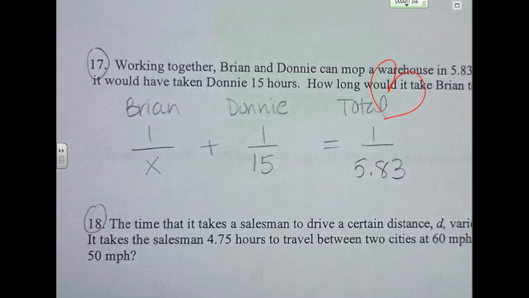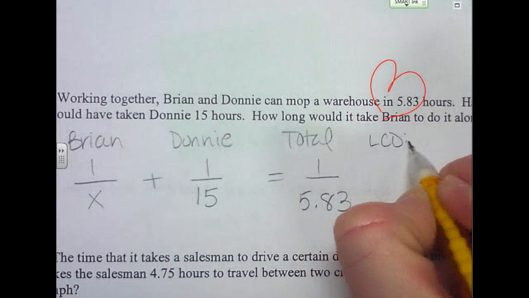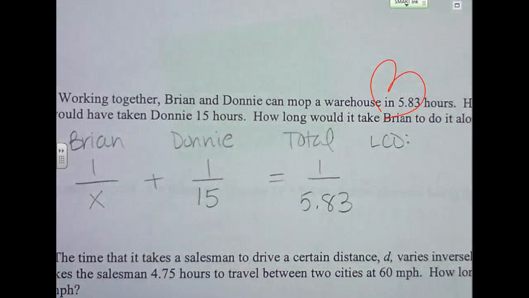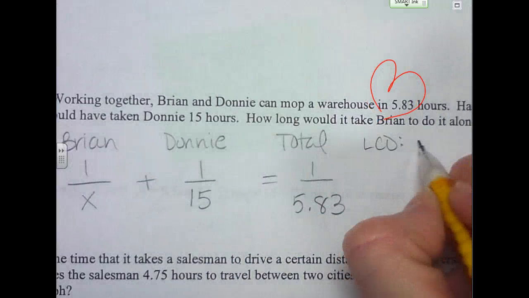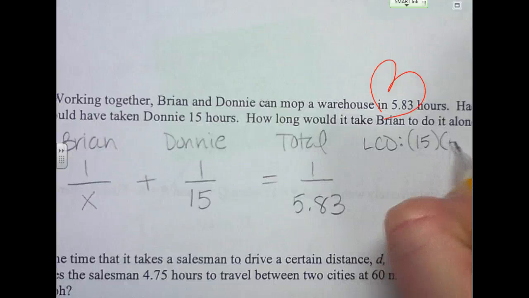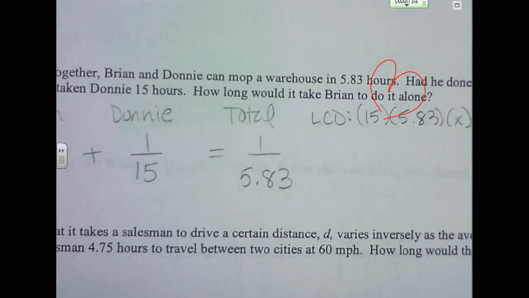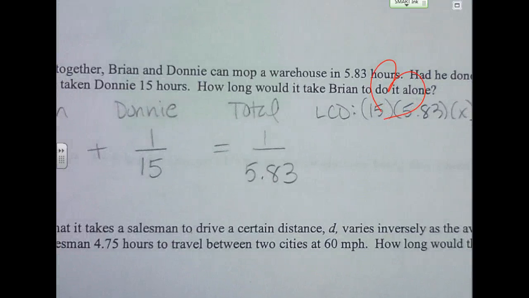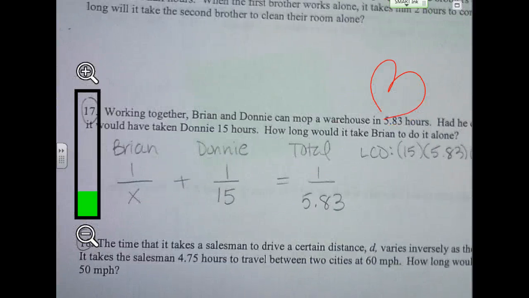So what is the LCD for this one? Because we've got some weird numbers. 15. Not just 15. When you have the weird numbers, you can multiply it together or you can write it out. So you could do 15 times 5.83 times X. You can just write out everything, and then when you go to simplify, it's a little bit easier.